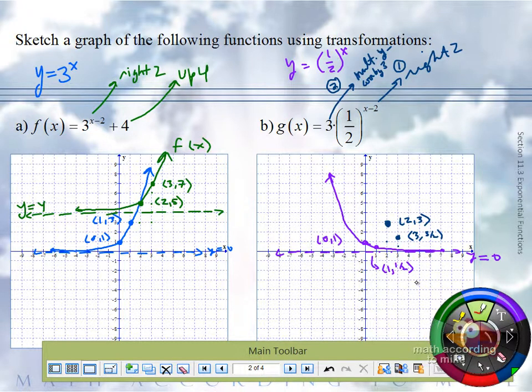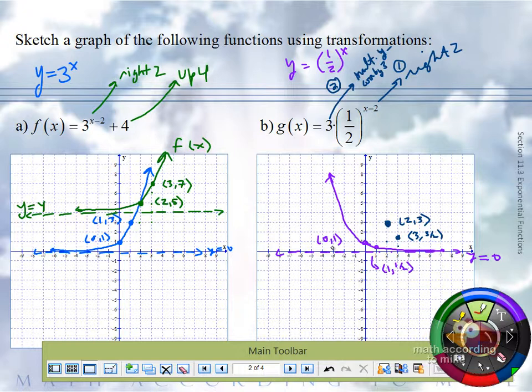My horizontal line is y equals 0. If I move it right 2, my horizontal line is at y equals 0. If I multiply the y's by 3, my horizontal line is at y equals 0, because 0 times 3 is 0. So my horizontal line doesn't change.